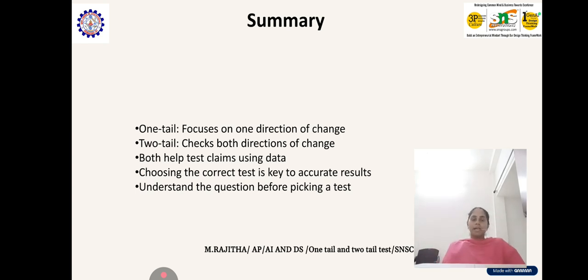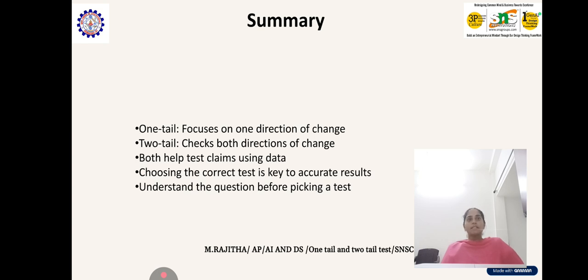And the final thought: one tail and two tail tests are fundamental tools in statistical hypothesis testing. A one tail test is used when we are interested in detecting a difference in one specific direction. A two tail test is used when we are interested in detecting any difference regardless of direction.